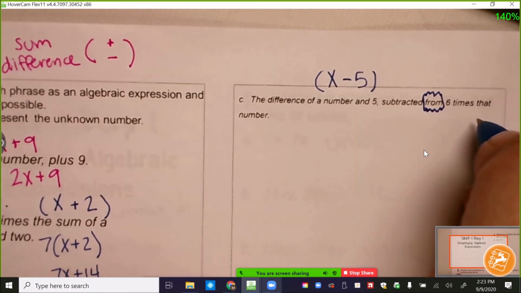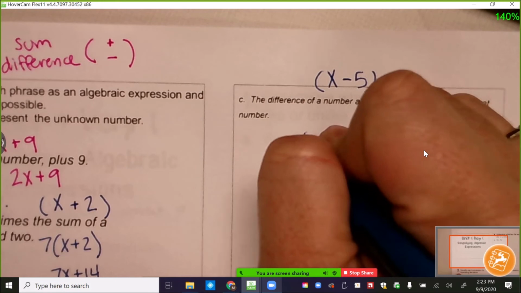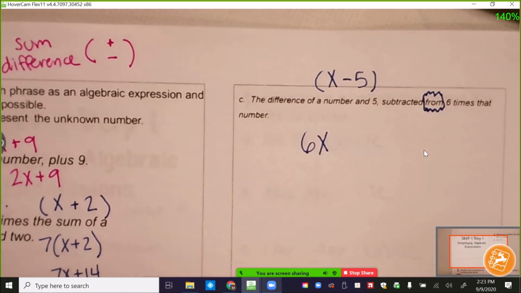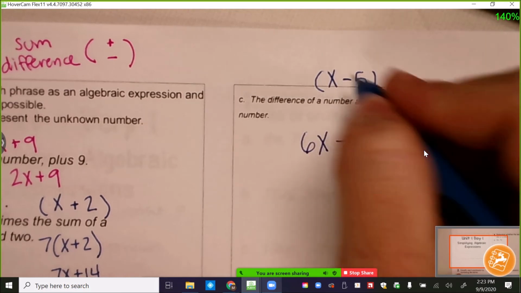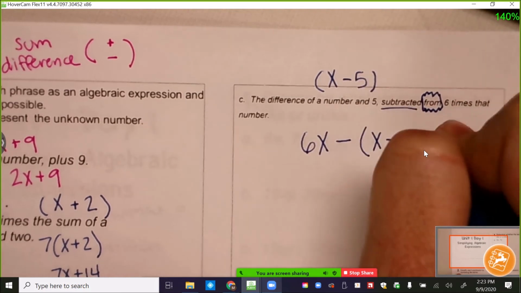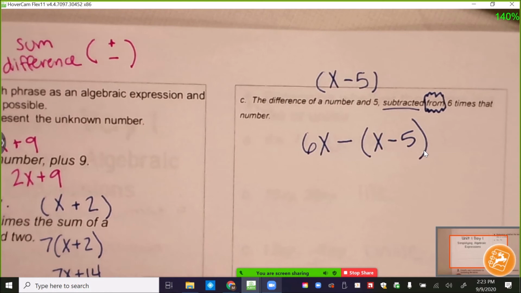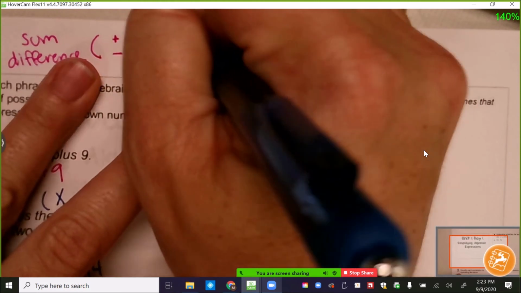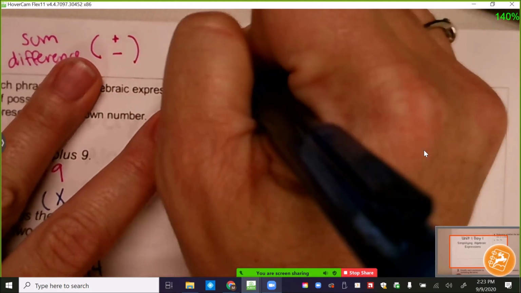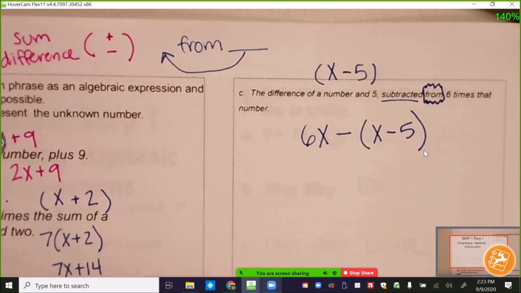So from 6 times that number, well, 6 times that unknown number. And what are we doing? Subtracting this. Okay, so anytime you see the word from, whatever's after from goes to the front.